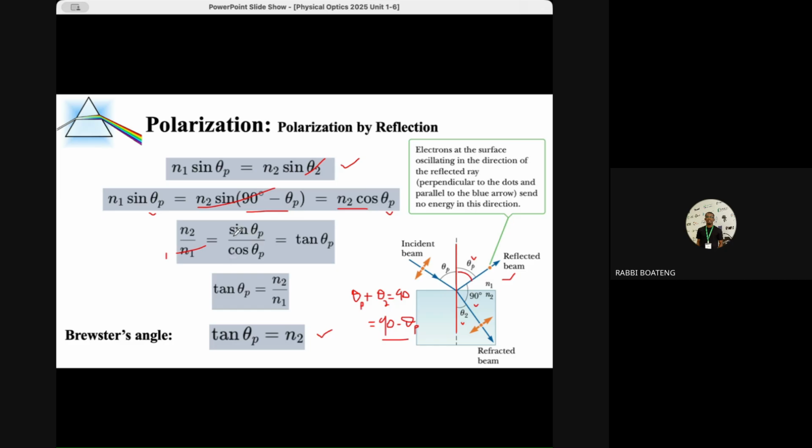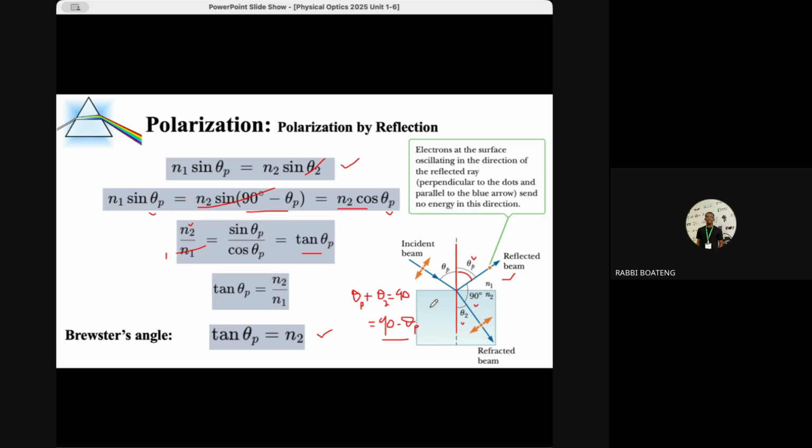Then we know that sine theta p over cos theta p is the same as tan theta p. So at the end of the day, we should be getting n2 equals tan theta p, where the angle theta p is called the Brewster angle. And the n2 here is the refractive index of that medium.